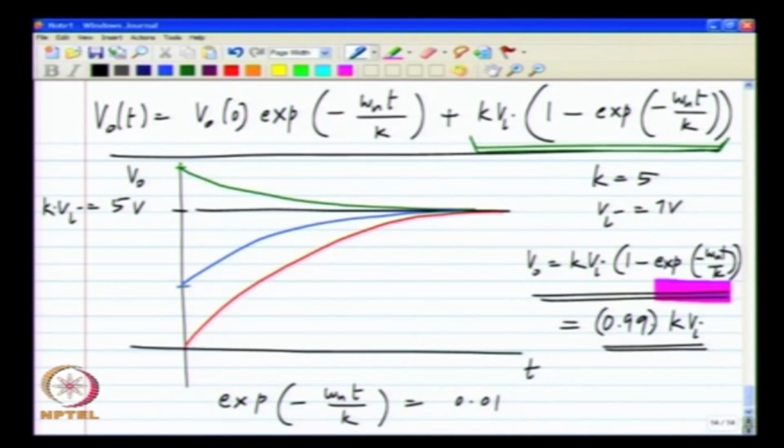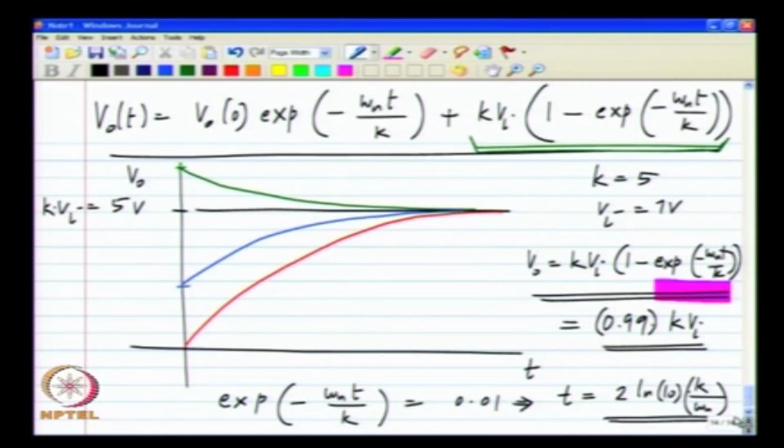So, what does this tell you? This tells you that T will be equal to 2 times natural logarithm of 10 times k divided by omega u.